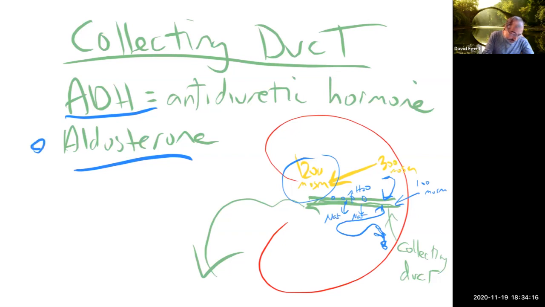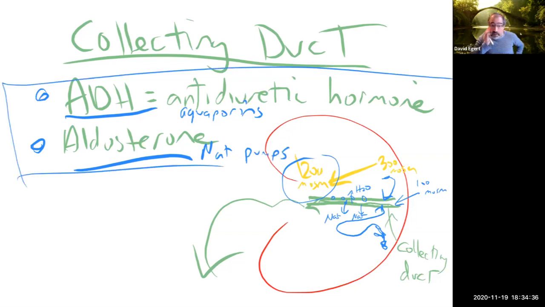These can be independent. You can turn one or the other on or off, either open or close the aquaporins, turn on or off the sodium pumps. But if you have both working together, that's going to be the most, if you're really trying to hold water in your body, you do both of these, which we saw in the renin-angiotensin mechanism, right?